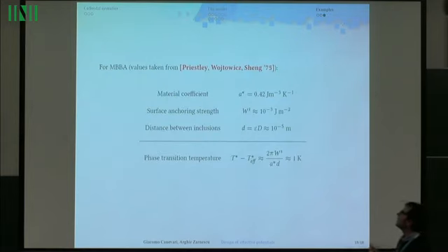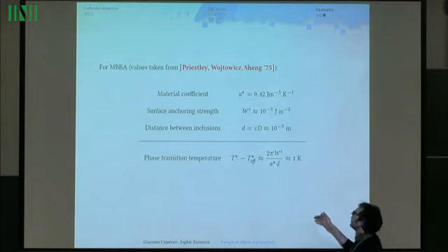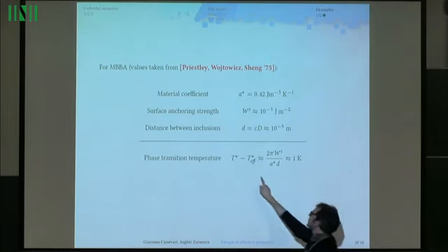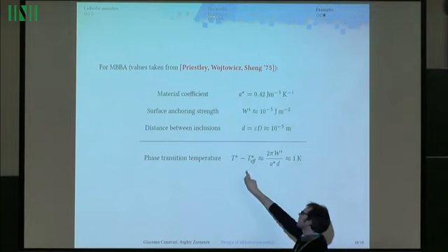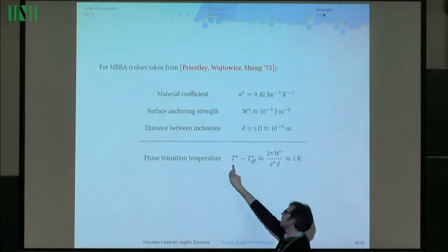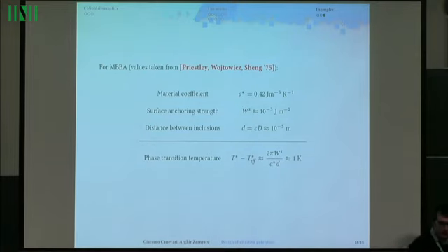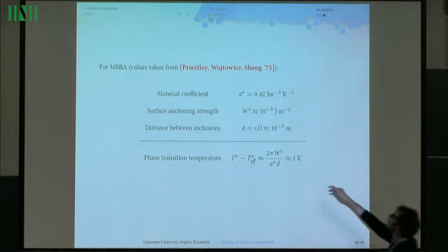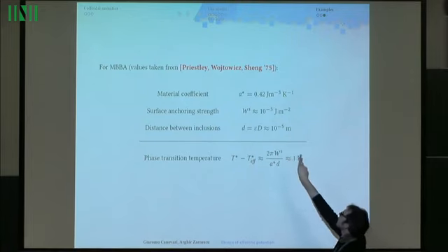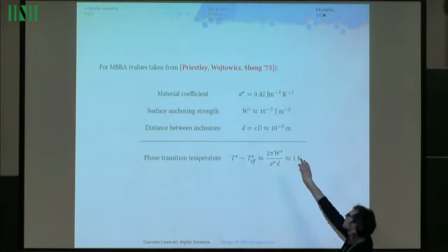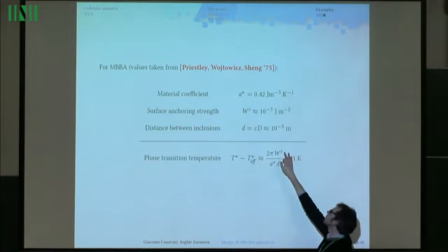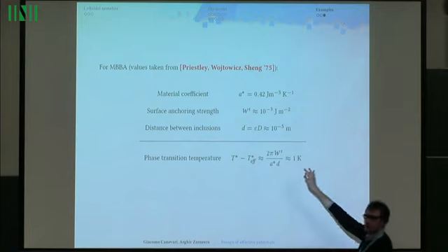You can even estimate numerically in terms of order of magnitude the gain or loss in terms of phase transition temperature from the given phase transition temperature to the effective one induced by the presence of colloids, and it's effectively something of order 1. If you choose, for instance, an anchoring with that strength, so actually it's quite a strong one, and perhaps even quite spaced inclusions, I would say, even more than micromagnetic spacing.